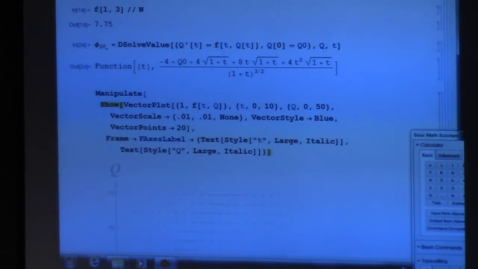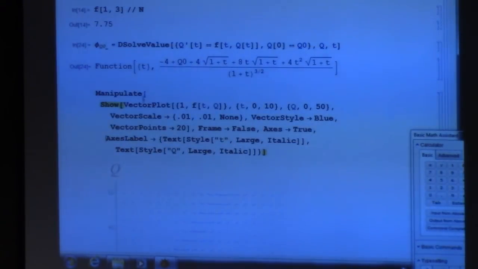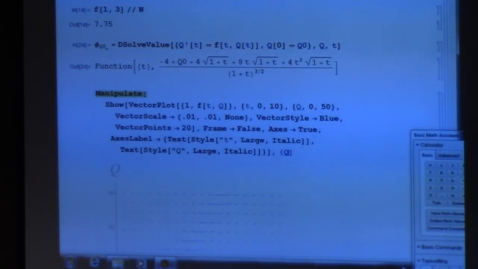Frame, arrow false, true. Still inside the Show, this is the last bracket for the text here, excuse me. This is the last bracket for Show right there. So this stuff is still inside the Show. I haven't finished off my Manipulate yet. Q0 is going to be the animation parameter. Started at 0 and go up to say 10.